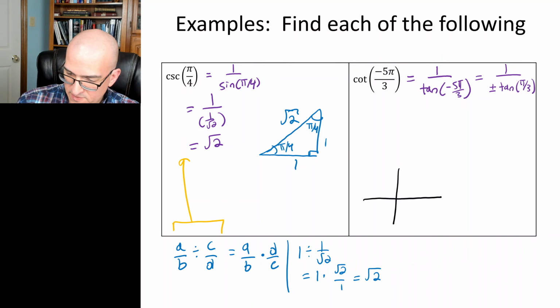Okay, so we have our pi over 3. We have a negative pi over 3 down here. We have negative 2 pi over 3.